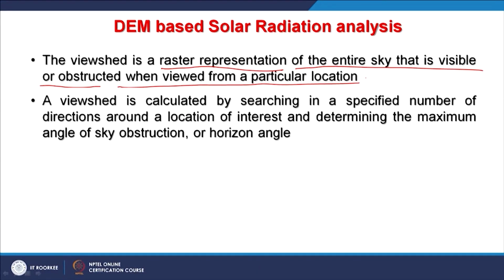So, you get a complete picture. This viewshed is calculated by searching a specified number of directions around the location of interest. One can search the entire sky or search in a particular direction, and this determines the maximum angle of sky obstruction and the horizon angle also.